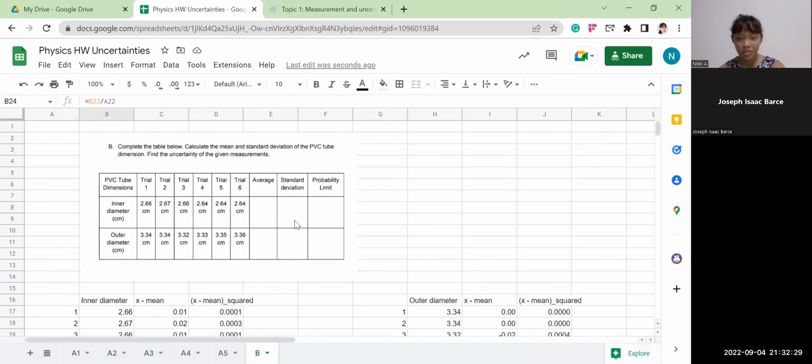All right. Now, do you have a formula for standard deviation? Pero nakalimutan ko na. Meron kayo sa lecture nyo? Di ko check pa. Sige, hanapin mo nga.